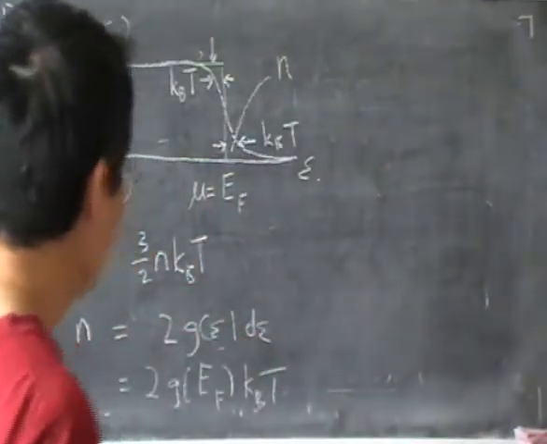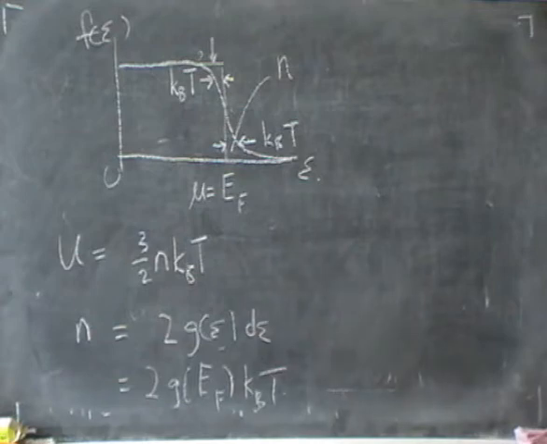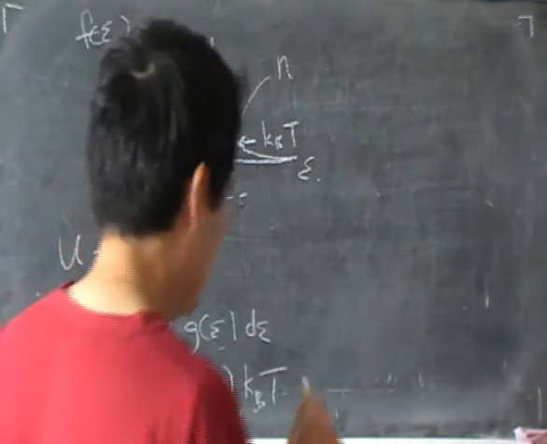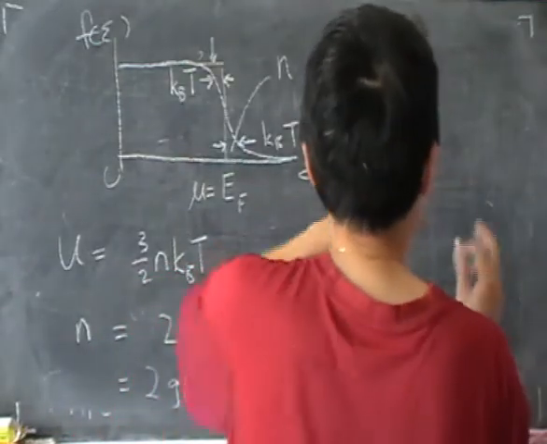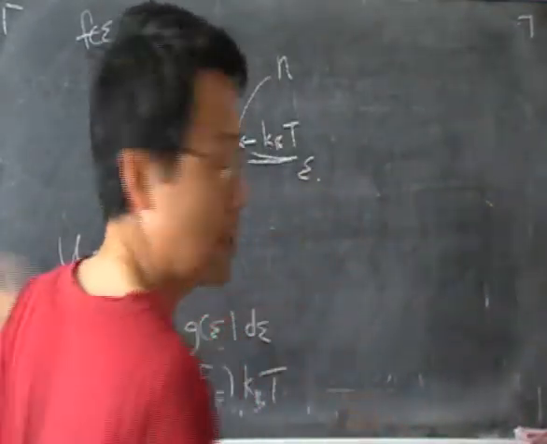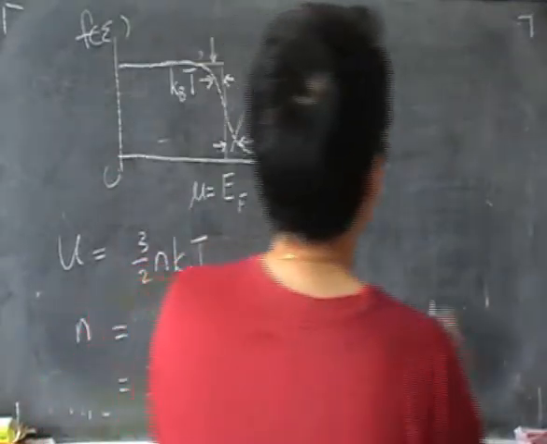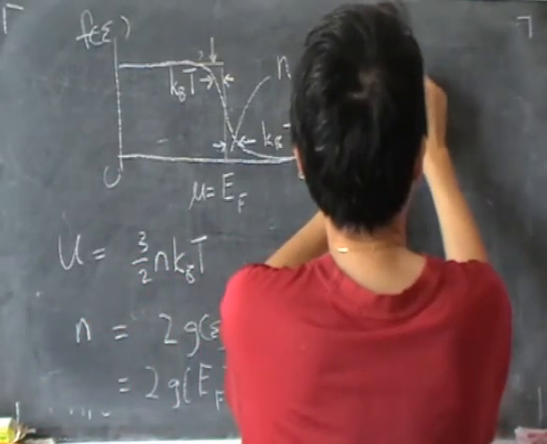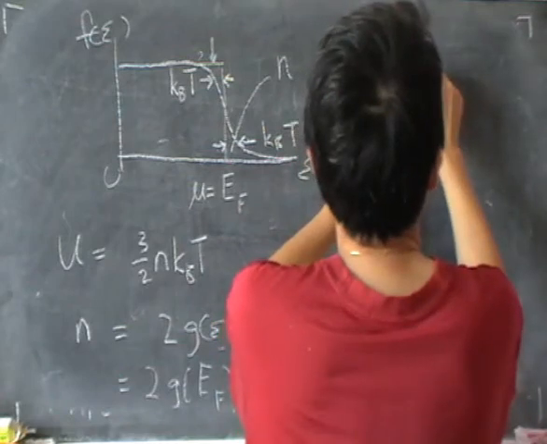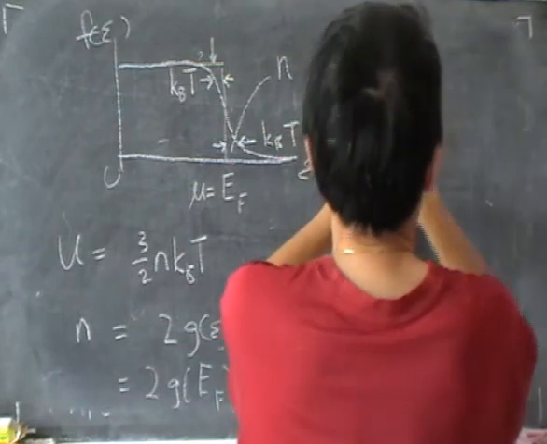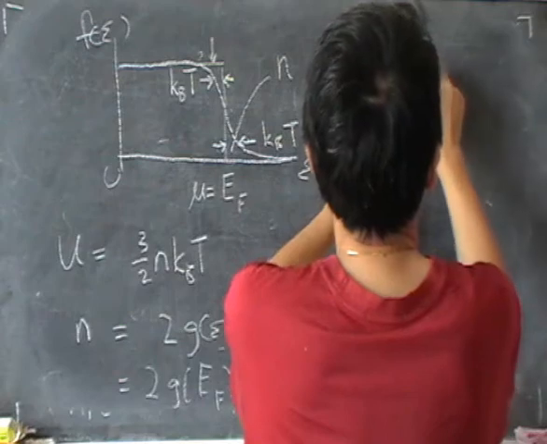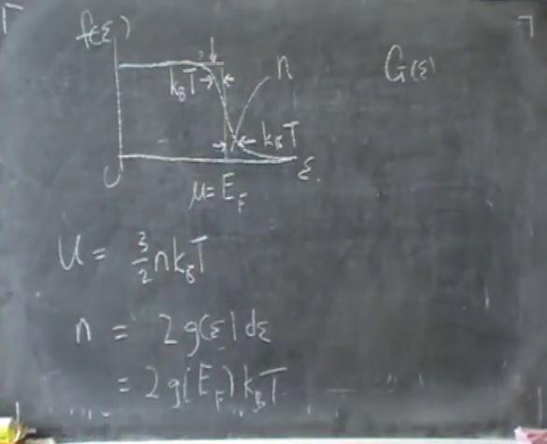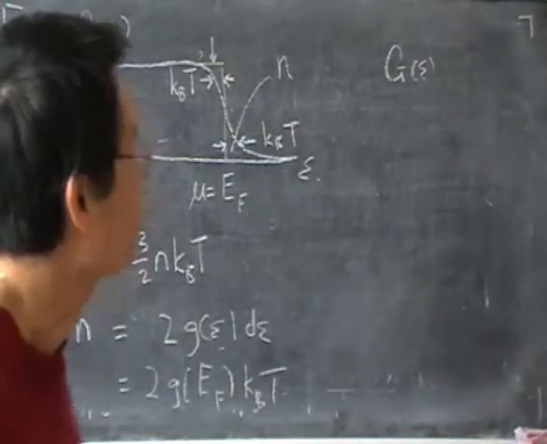So to write down an expression for the density of states, the way that I like to do it is to start by considering the total number of states below a certain energy.